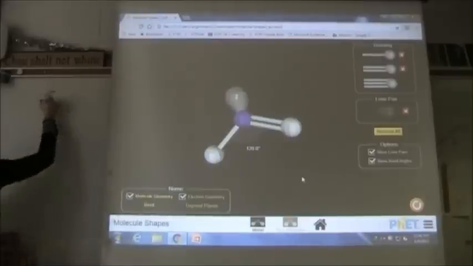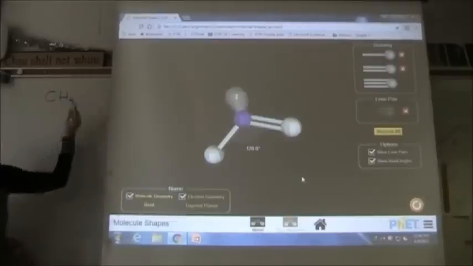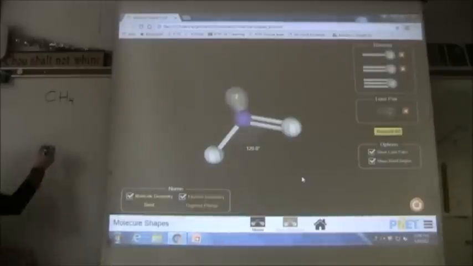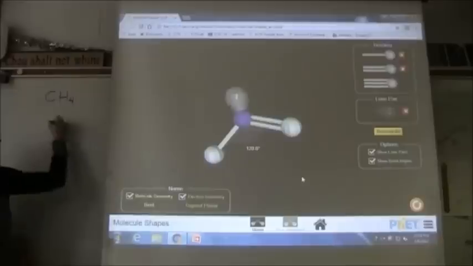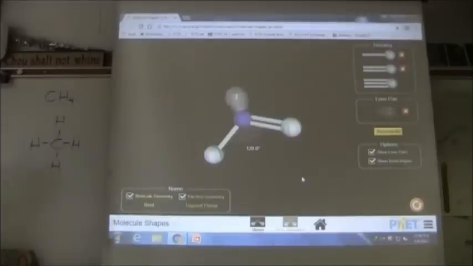Okay, here's a quick one. What's our steric number? 4. How many bonded pairs? 4. Any lone pairs on the central atom?